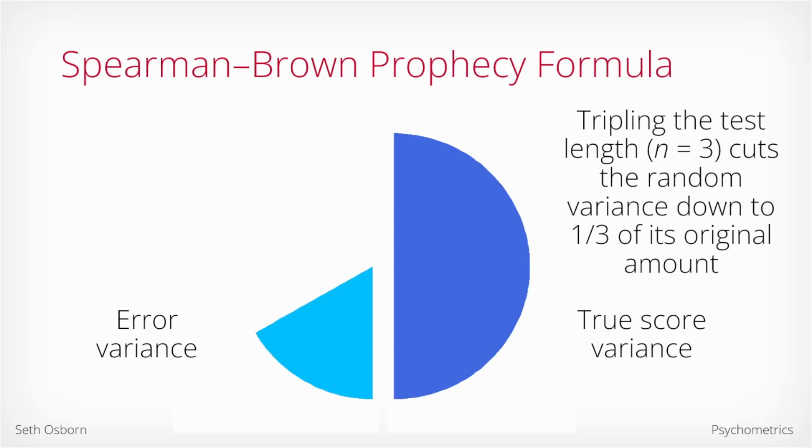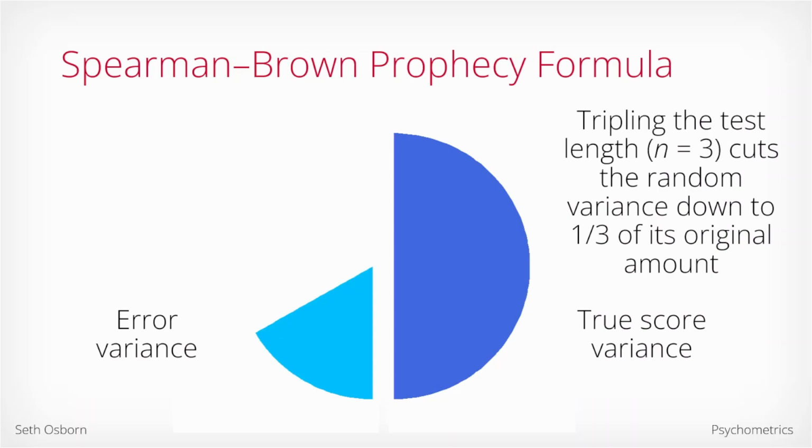Remember, originally this error part was half. It was the same size as this true score part. Now it's been cut down to 1/3 of that. That means we have a 3-to-1 ratio of true score variance to error variance, meaning 3 out of 4 parts, or 3/4 of the total variance is attributable to true score. 3/4 is 0.75.